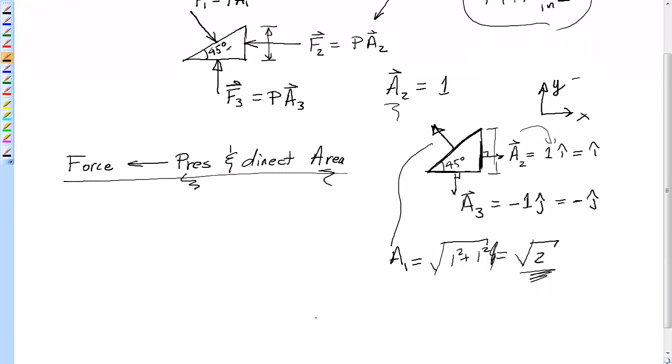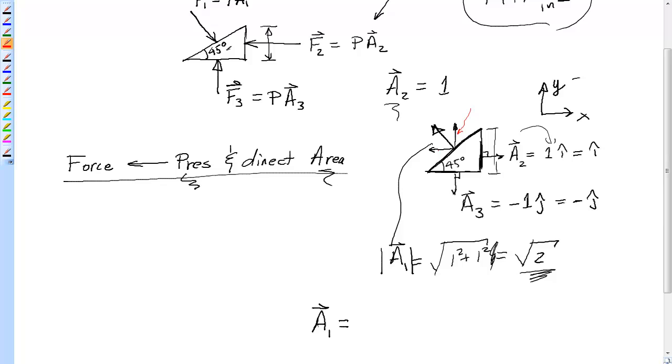Now, here's where it becomes very interesting. I really should have put this over it. So now I've got a vector which comes up and goes like that.